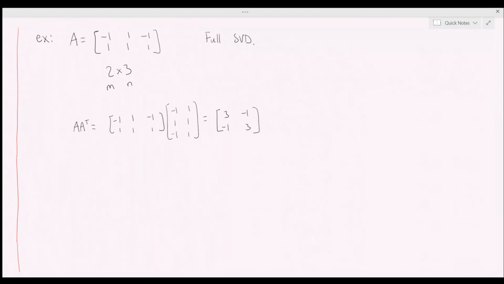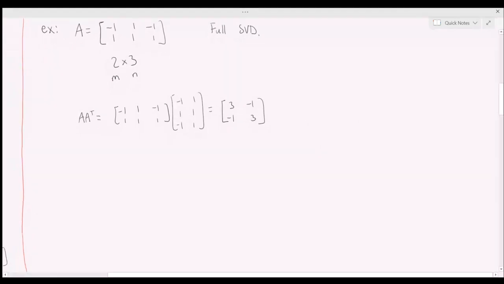Now I want to find the eigenvalues and eigenvectors. So first for the eigenvalues, I'll do lambda I minus A A transpose.